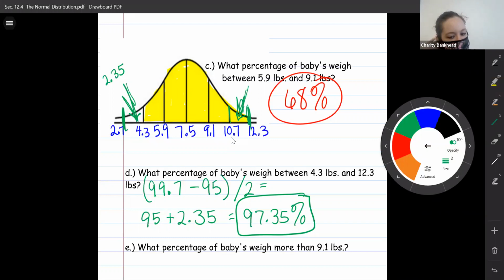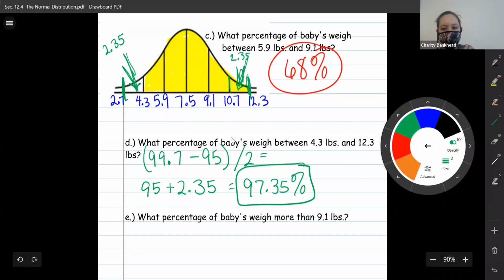And what percentage of babies weigh more than 9.1 pounds? Okay, so we already know that this section is 2.35%. Let's see. All right, so more than 9.1. So we're looking at all of this.